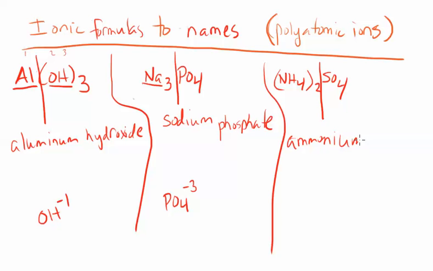Sorry, that's not a very good spelling of ammonium. A-M-M, that should be an O-N-I-U-M. And then SO4. You look on your ion sheet and you see SO4. It's got a charge of -2 and the name is sulfate. So this is ammonium sulfate.